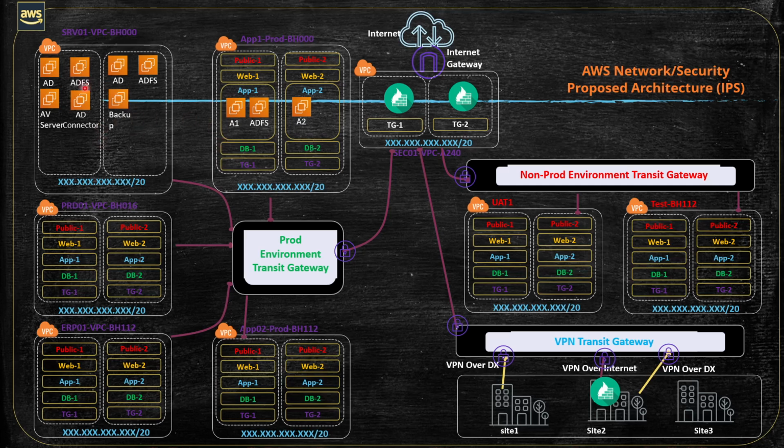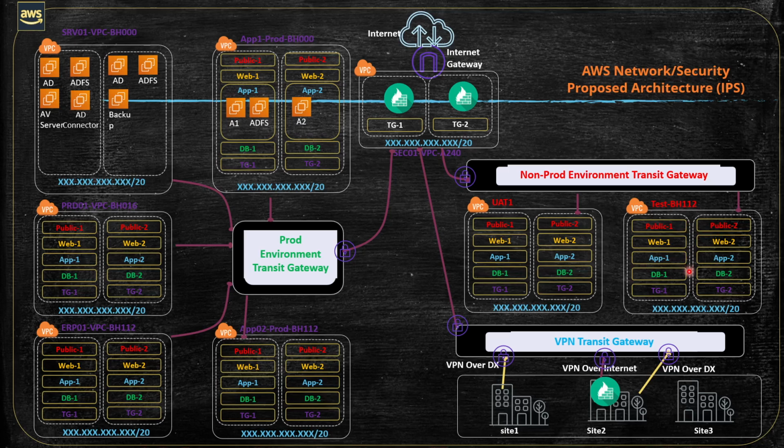So if suppose your state service needs to communicate to your app one production, that's east-west traffic. Even that can be controlled from here, so isolation between VPCs can also be done. And as you see, we have a separate transit gateway for UAT. The purpose of having this separate is because I don't want a UAT or testing environment to communicate with my production if anything malicious is happening. Developers do testing and POCs every now and then.